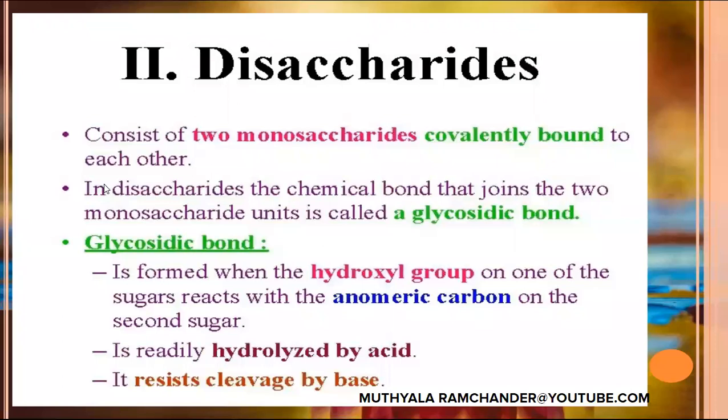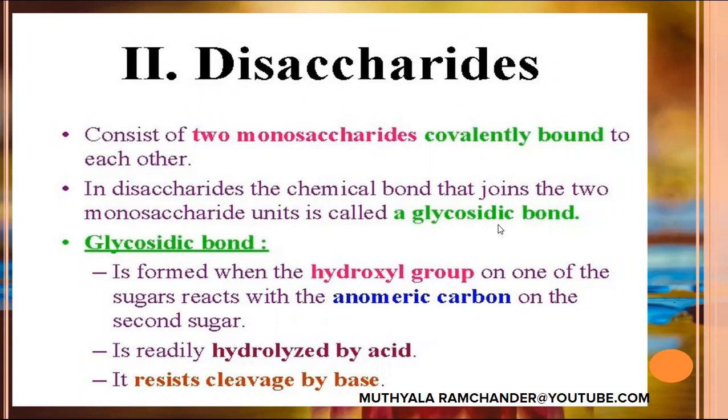From the oligosaccharides, the important saccharides are the disaccharides. Disaccharides consist of 2 molecules of monosaccharides covalently bonded to each other. In disaccharides, the chemical bond that joins the 2 monosaccharide units is called a glycosidic bond.